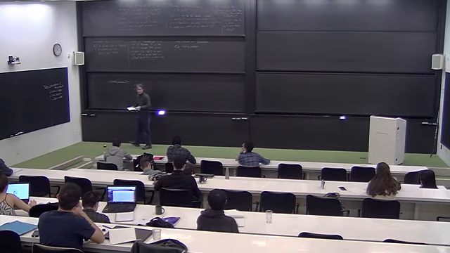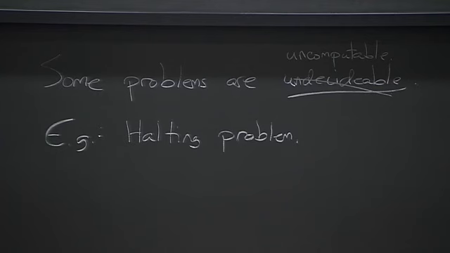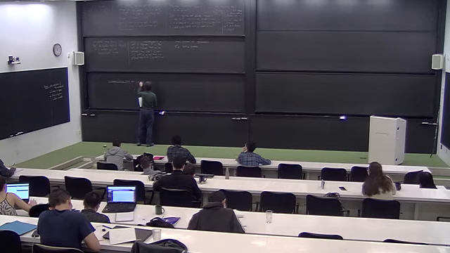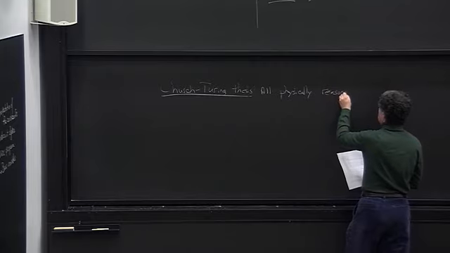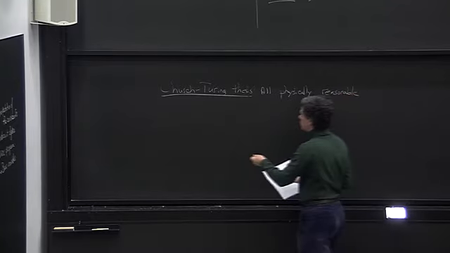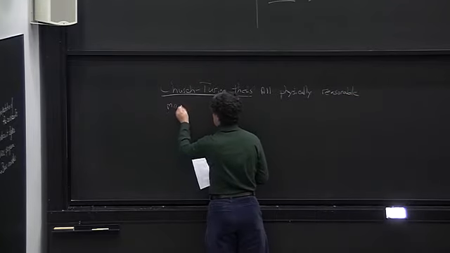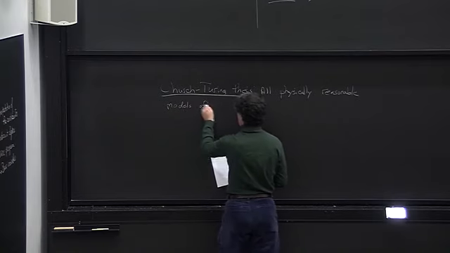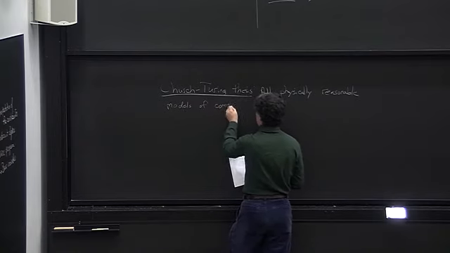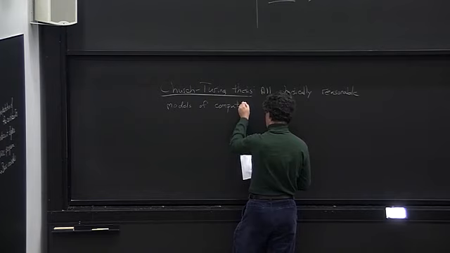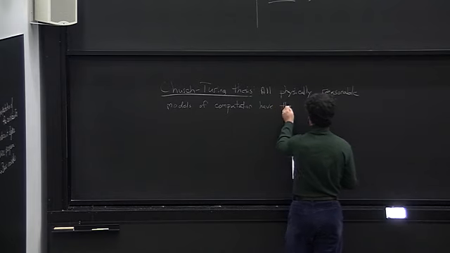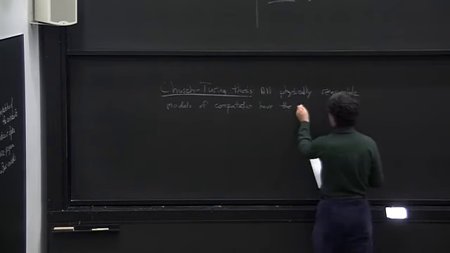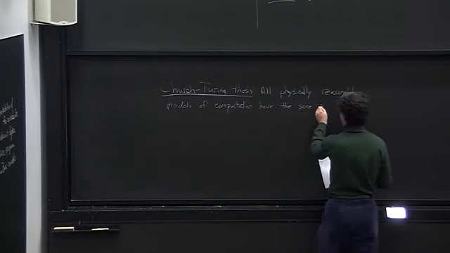The Church-Turing thesis says that all physically reasonable models of computation have the same set of computable functions.